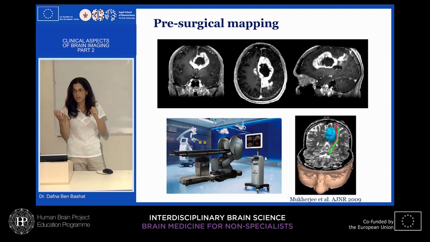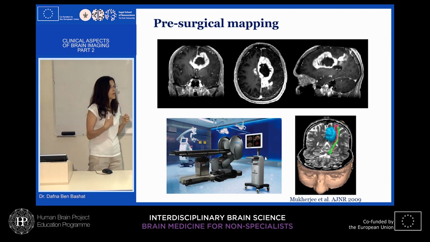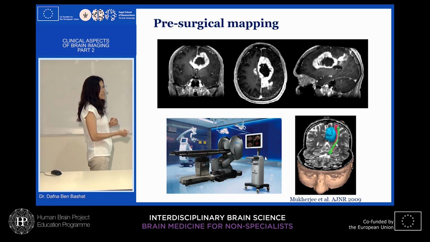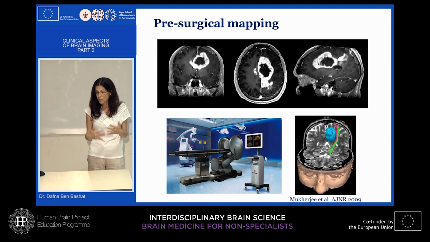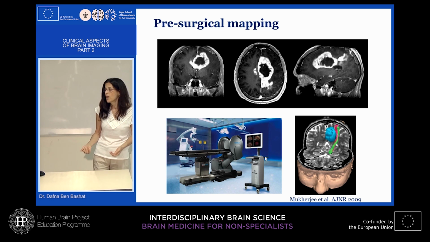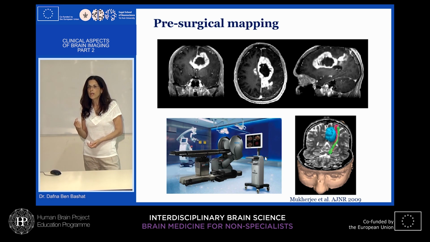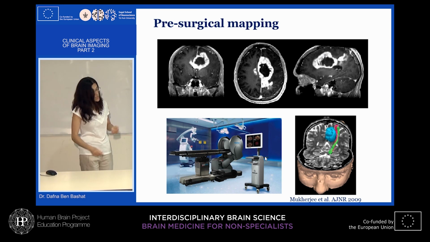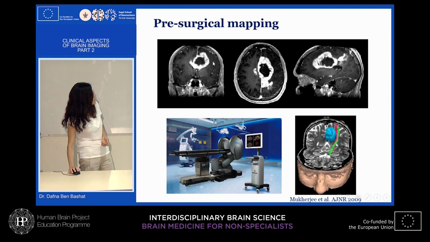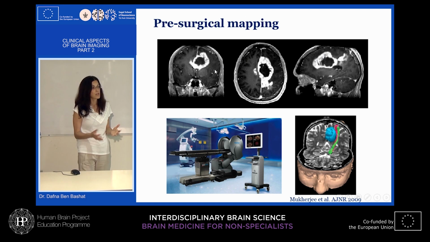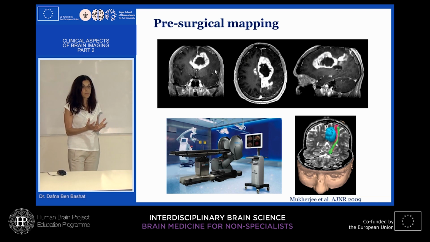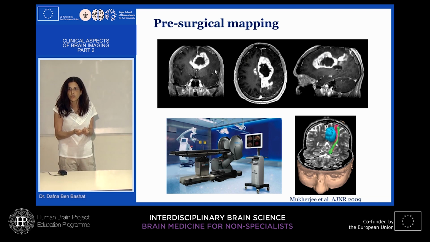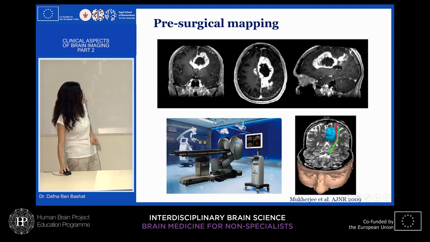If the lesion is near the motor area, we'll map the motor area and send it to the navigation in the operating room. And then the neurosurgeon will know first the amount of resection. Because what you see here is a nice lesion in the image, but when he opens the brain, it doesn't look very nice. Sometimes it's just blood and red tissue, so it doesn't distinguish so nicely.